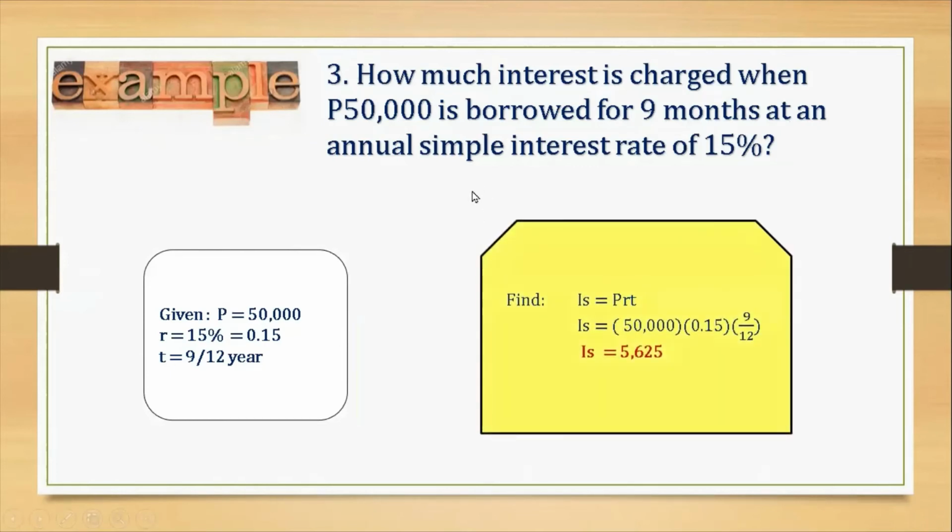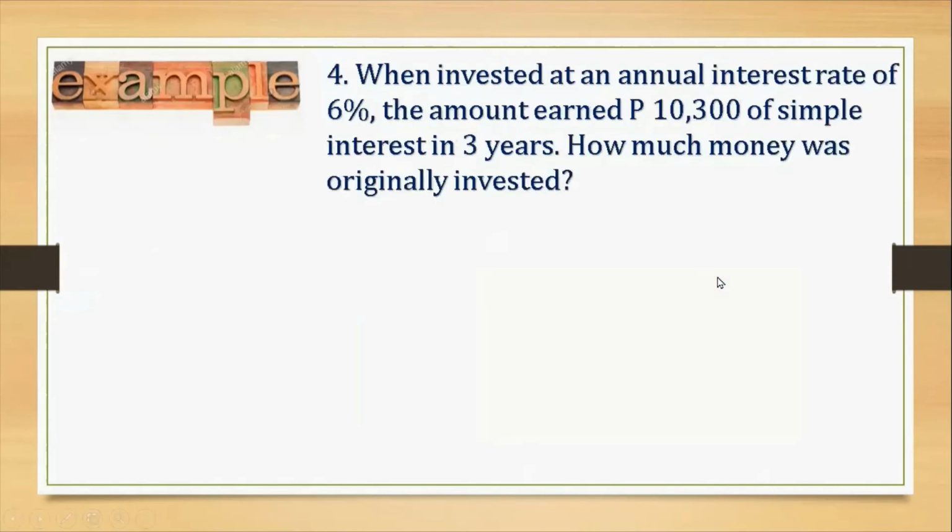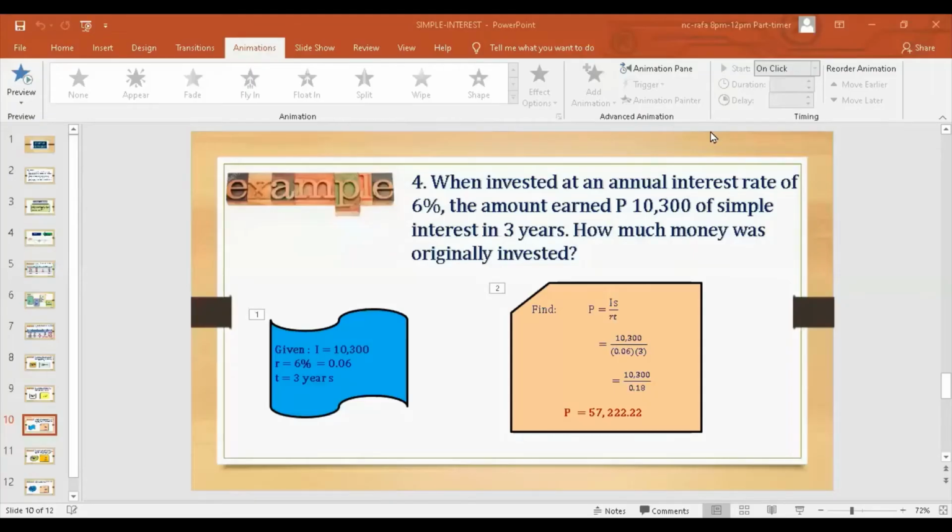Now we are ready to find the interest. 50,000 times 0.15 times 9/12, interest is equal to 5,625 pesos. That's the interest for a charge of 50,000 pesos being borrowed for 9 months at a simple interest rate of 15%. Let's have the fourth example.